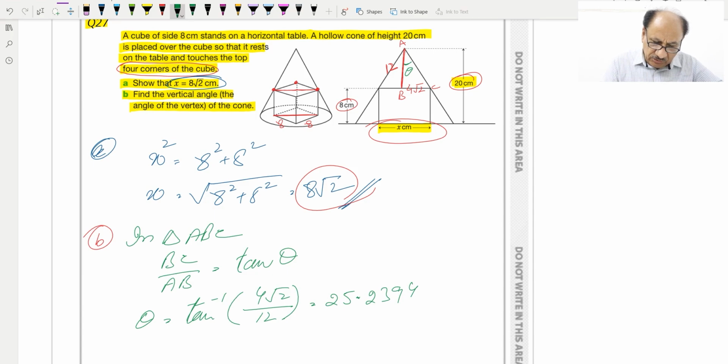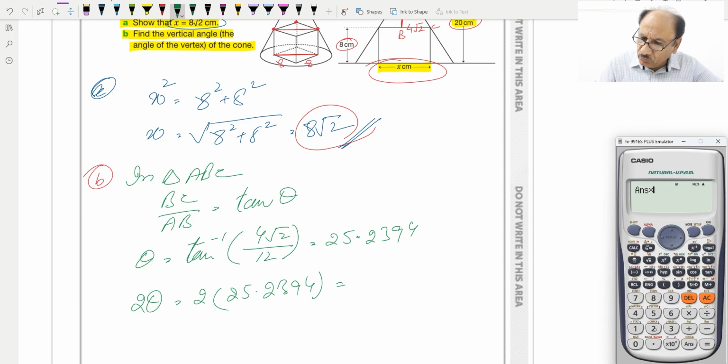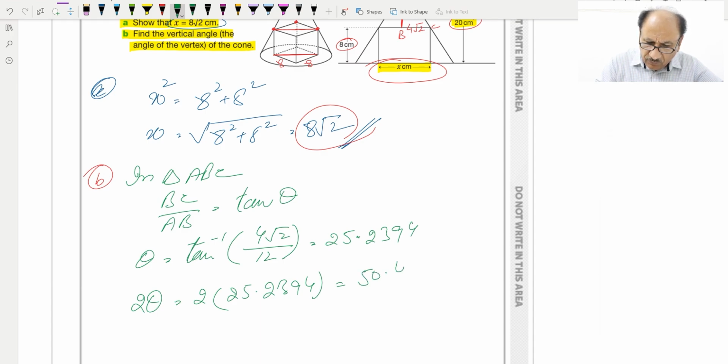Okay, so this is the angle theta, but they are saying find the vertical angle. Vertical angle will be theta on this side and theta on this side also, so we need 2 theta. So 2 theta is 2 times 25.2394, which is 50.4788, and approximately up to 3 significant figures will be 50.5 degrees. This will be the answer for this B part.